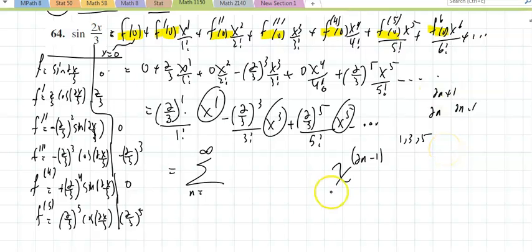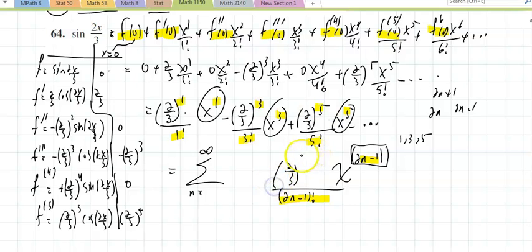Now, I noticed that whatever this power is, this denominator is factorial. And I have a 2/3 raised to that power as well. And it's alternating.